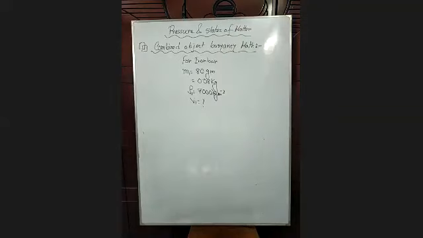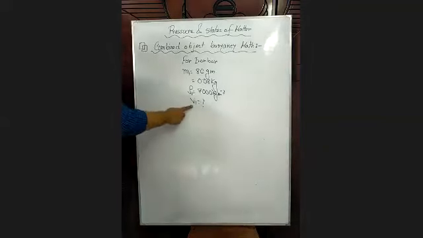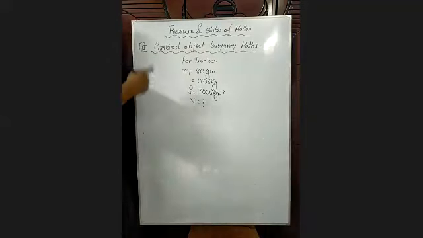But the condition says we have to determine these three quantities first: mass, density, and volume. If any of these is absent, we have to determine it first. Here we don't have the volume, so we go for the value of the volume.